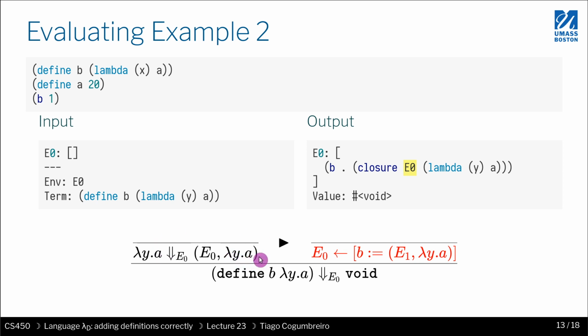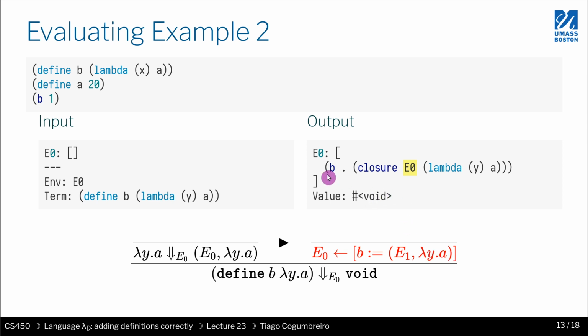It's not saying anything about the heap because the heap is implicit. Then I should take the heap that I got from this evaluation, and what should I do with it? I should perform a put on E0, and then I need to put B and the closure that has E1 and the lambda.